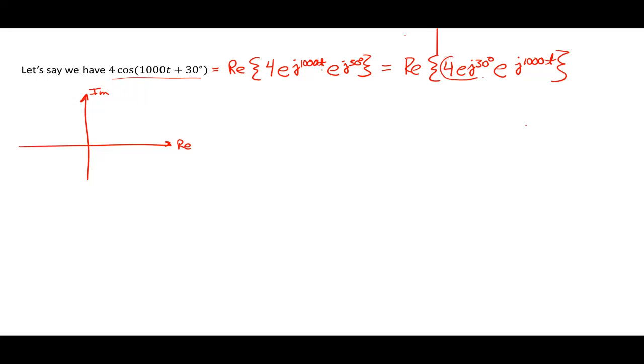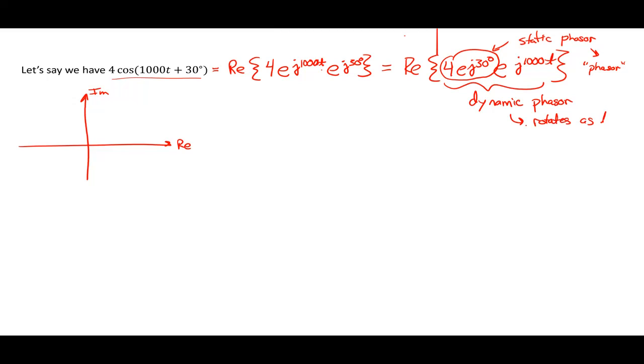This first part here I call the static phasor because it does not move. And this is what in circuits 2 you're going to call the phasor. This whole thing here is called the dynamic phasor, and it rotates as t is greater than 0.